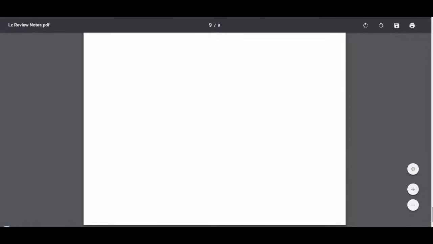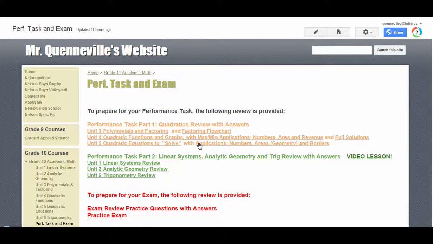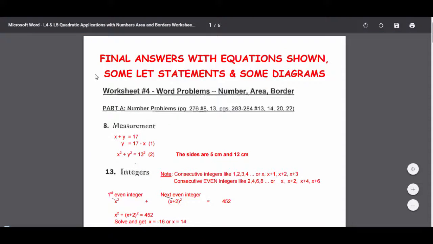All right. And then over here, there were applications in Unit 5, and the key applications we did in Unit 5 when solving quadratics had to do with numbers, areas, and borders. Okay, so this opens, if you'll remember, we had solved worksheet number 4. So go back in Unit 5, even you can use my website for Unit 5, go find worksheet 4.